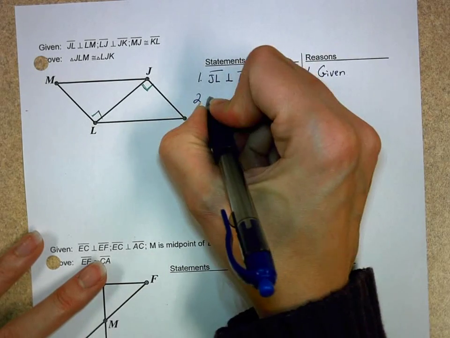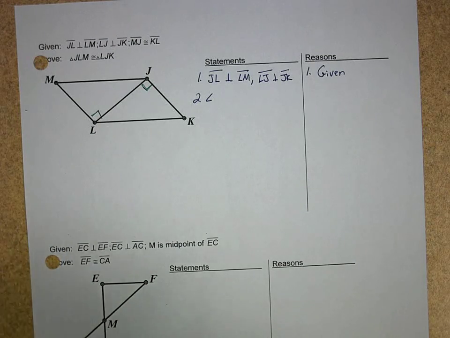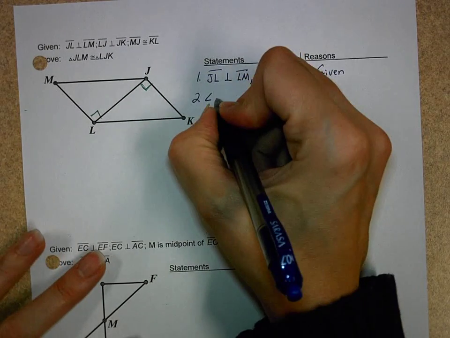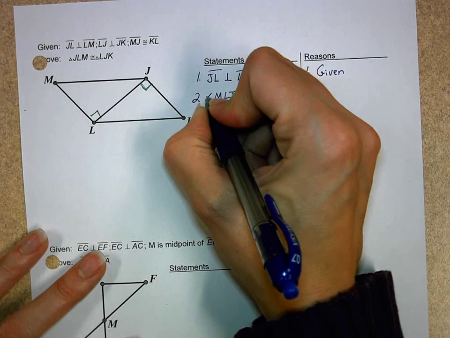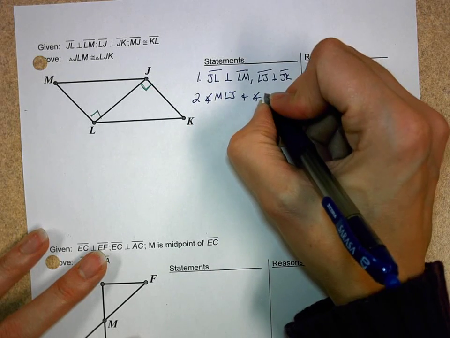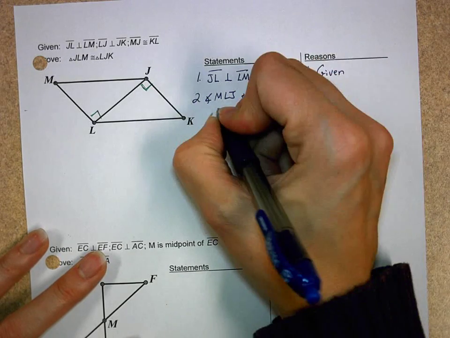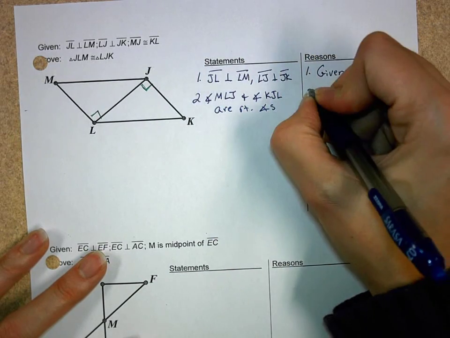So I got angle. You can't say angle L and angle J. There's too many different angles. You have to be specific with your name. So I got angle MLJ and angle KJL are right angles.